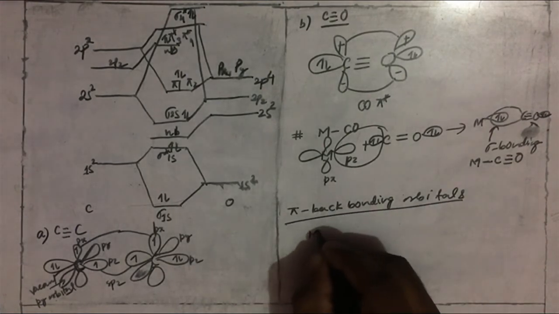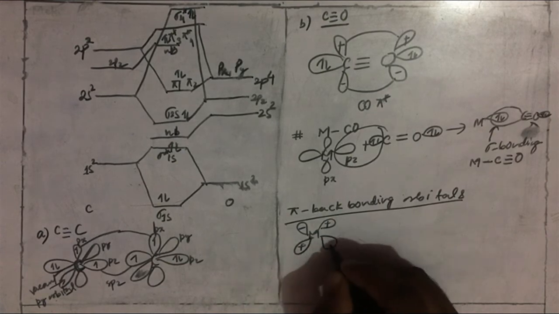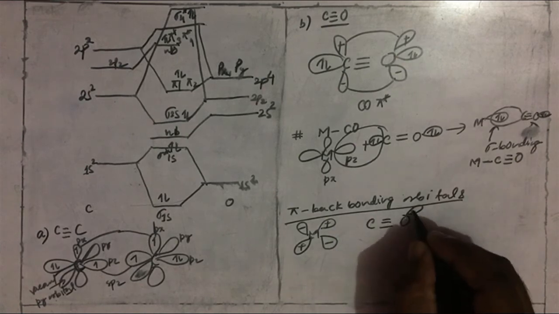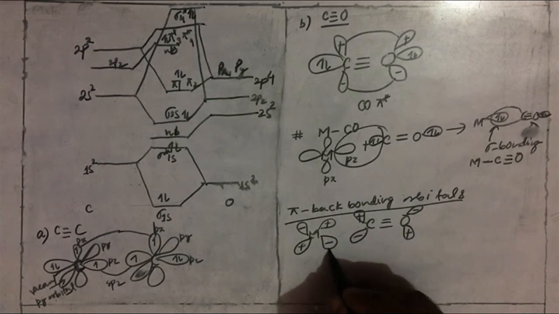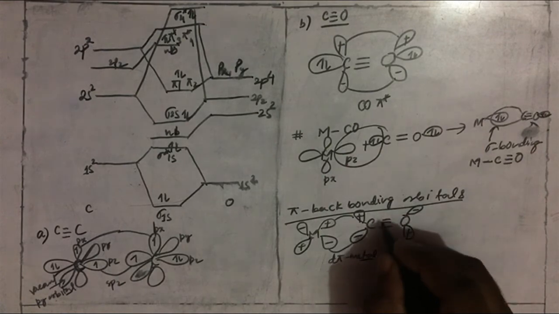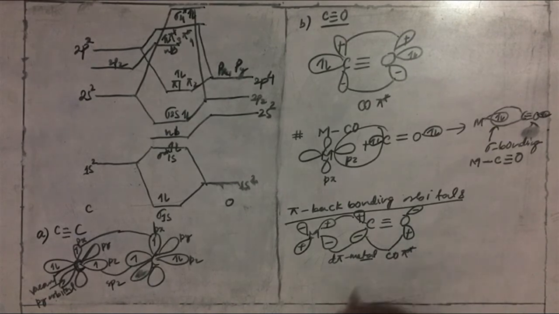We put for metals plus, negative, plus, negative on this, negative, plus, negative, so it will overlap and form a bond like this with the metal's d orbitals, and this is the CO pi star orbitals. This is back bonding.